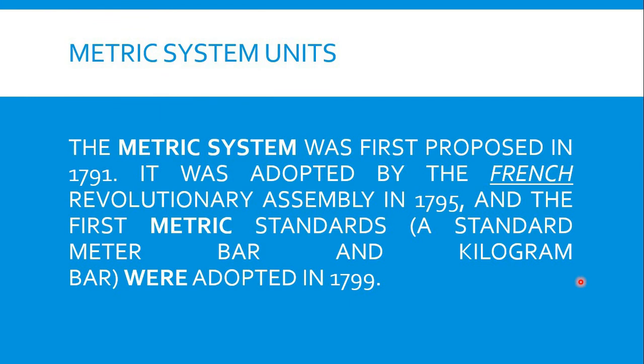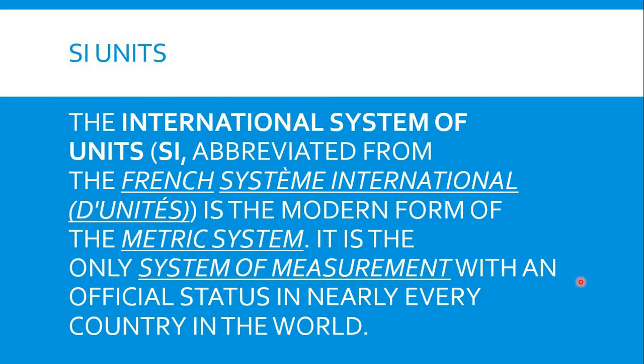Metric units were proposed in 1791 and adopted in France in 1795. Next are the SI units, meaning International System of Units, abbreviated from Système International. This is called the modern form of the metric system and is the universal system of measurement officially used in the whole world. So that's it. Thank you for watching this tutorial.